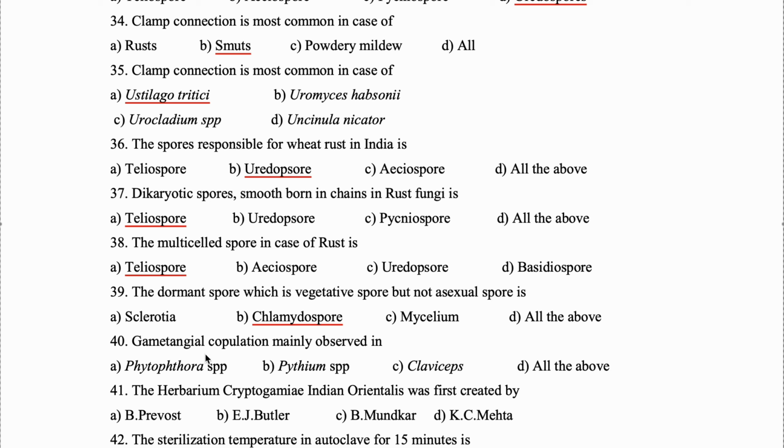According to the options, Phytophthora belongs to Oomycota, Pythium, Oomycota, Claviceps, Ascomycota, right? In both these classes, Oomycota and Ascomycota, the type of reproduction that we get to see is gametangial contact, not copulation. Gametangial copulation we get to see in case of Zygomycota. So all the options are wrong.